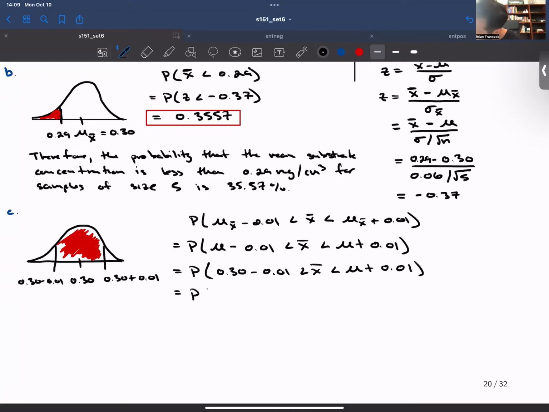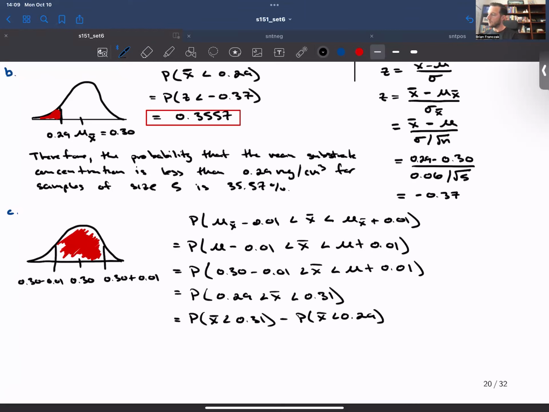So now we have the probability 0.29 is less than x bar is less than 0.31. This is a much more digestible statement than the original. We're just asking, what is the probability x bar is between 0.29 and 0.31? So we have to standardize our two values, and then we can look up the areas under the curve. This is the probability x bar is less than 0.31 minus the probability x bar is less than 0.29.